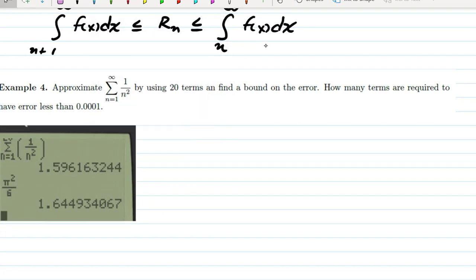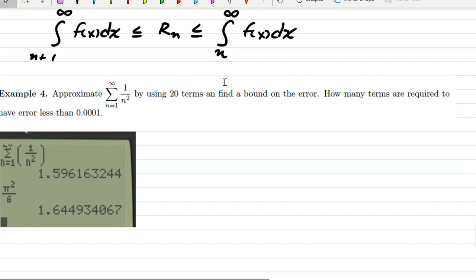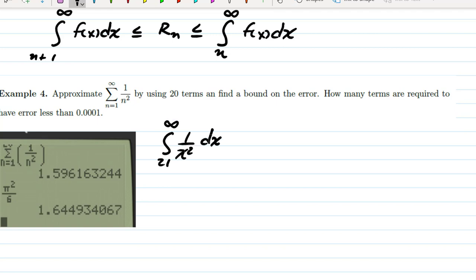Well, let's check our error bound. So from what we have here, we need to calculate the integral from 21, because it's from n plus 1, so we're going to have the integral from 21 to infinity of 1 over x squared dx is less than or equal to the remainder, which is less than or equal to the integral from 20 to infinity of 1 over x squared dx.